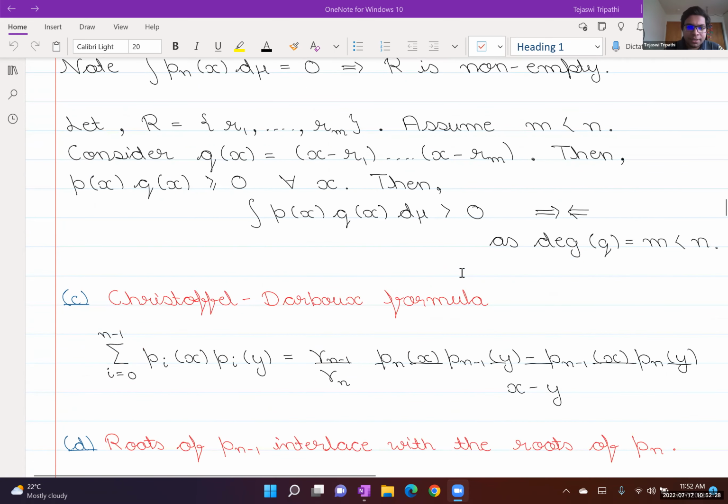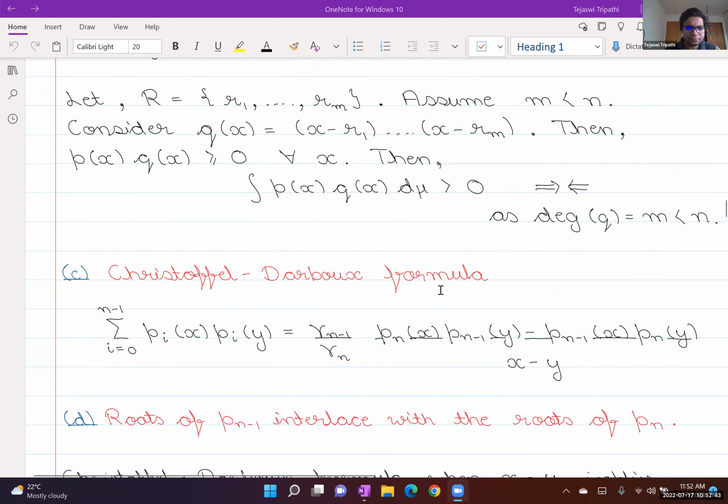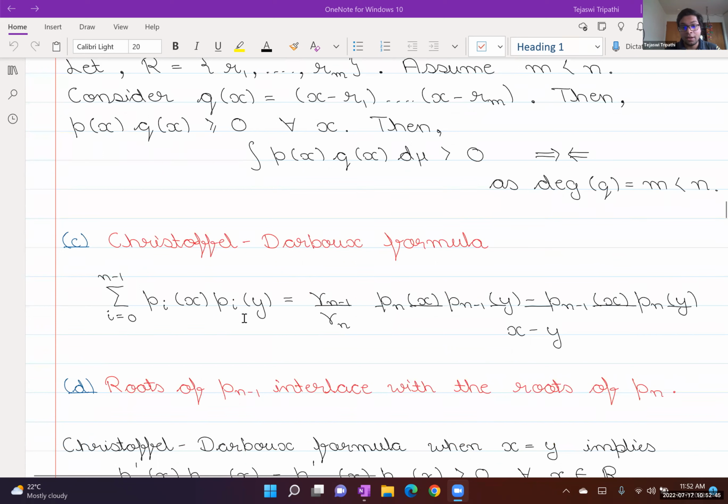Okay, another property is that the roots of Pn minus 1 interlace with the roots of Pn. That means if you have two consecutive roots of Pn, there always lies a root of Pn minus 1 in between. So let's show how this follows. This relation, as you can see, is for x not equal to y.